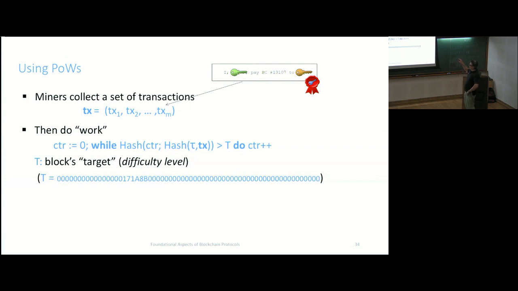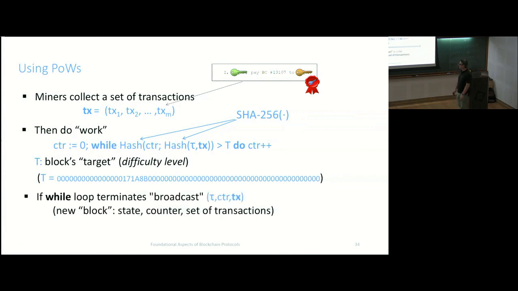The target value would be with a bunch of leading zeros, so it would be a much smaller value than the whole range of the function, which makes it more difficult. In Bitcoin, this hash is SHA-256, and further on in our analysis, we're going to model it as a random oracle.